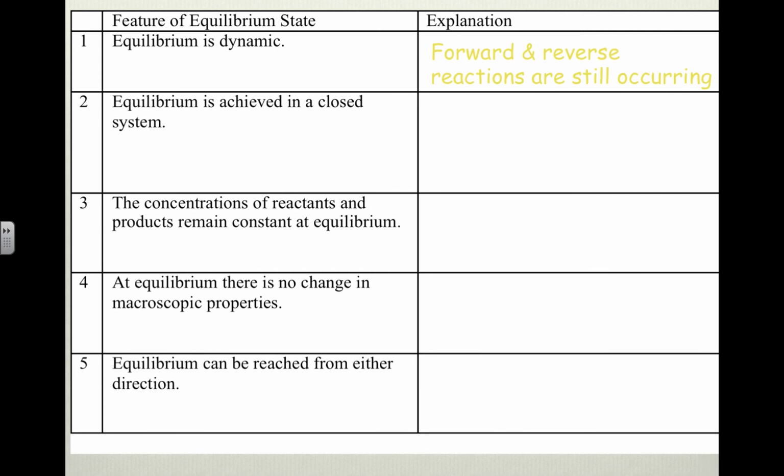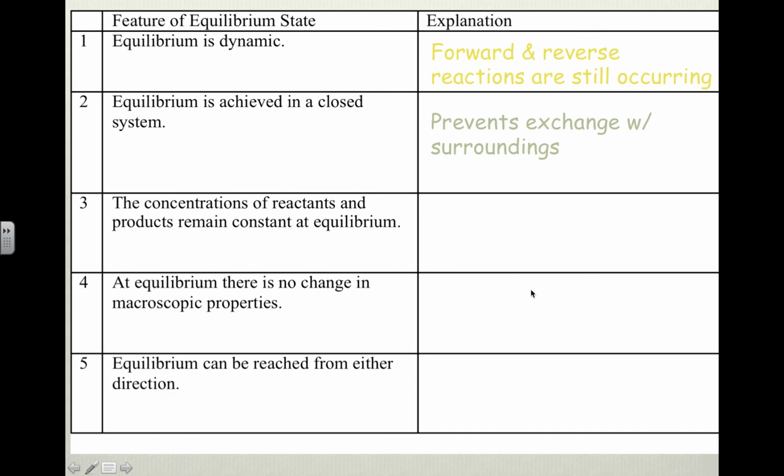Now, a second condition here with equilibrium is that it's achieved in a closed system, meaning there's not an exchange of material with the surroundings. If we have a pot of water on the stove and there's no lid on it, it will boil and evaporate off, and then we'll have no more water. But if we keep a lid on it, we can have boiling and condensation happening all within that pot because the water's not escaping.